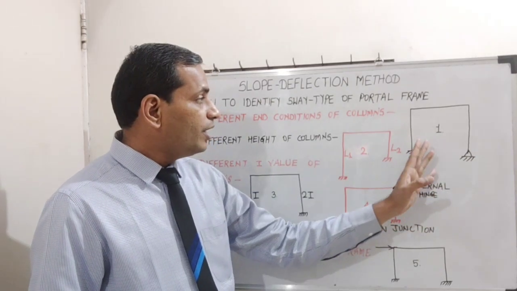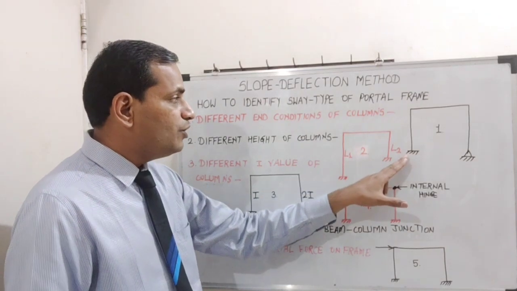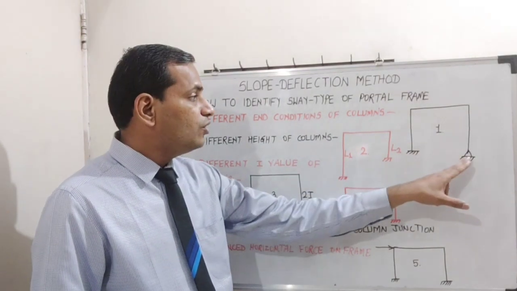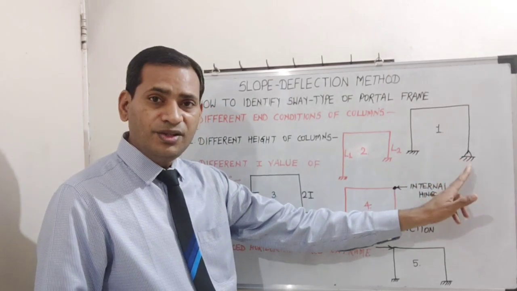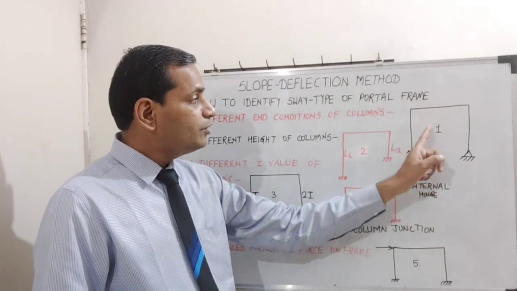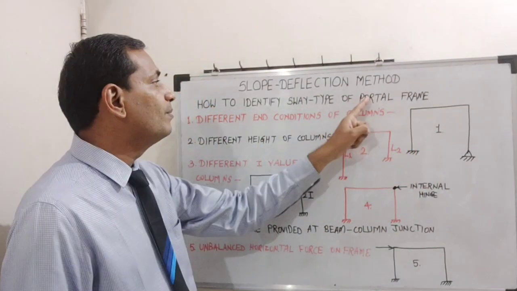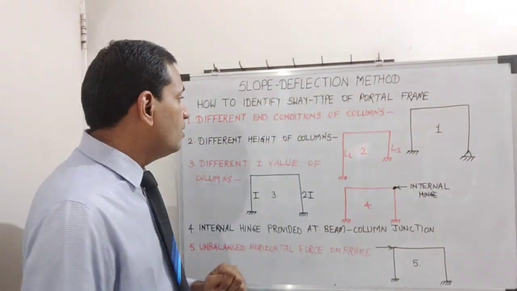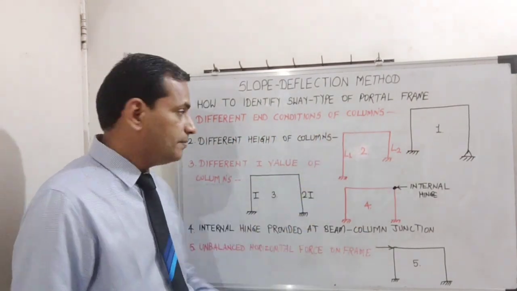So for a single bay single story frame, if one column has a fixed end and the other has a different type of support, for example a hinge, then this frame will be a sway type of frame.